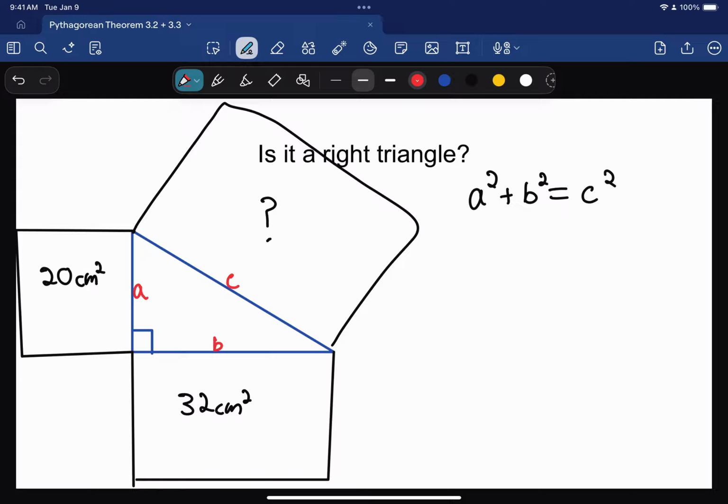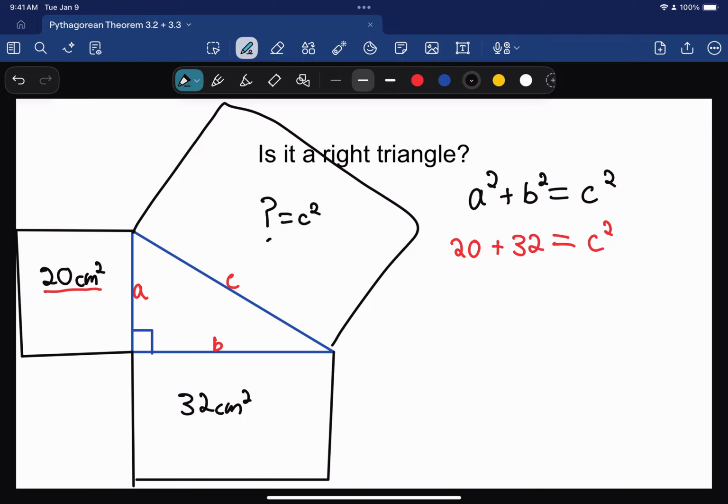So a squared, they told us, is 20. If we were to rewrite our formula, we would have 20 plus 32 equals c squared. This right here, our question mark, is c squared.